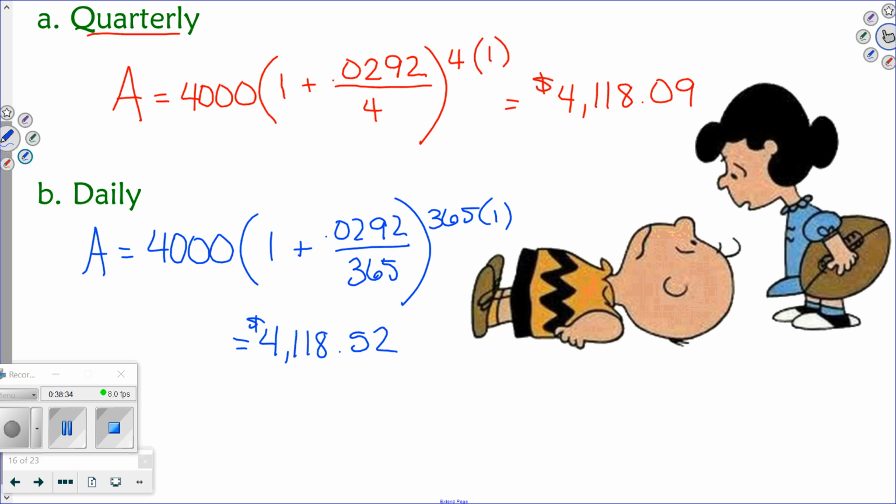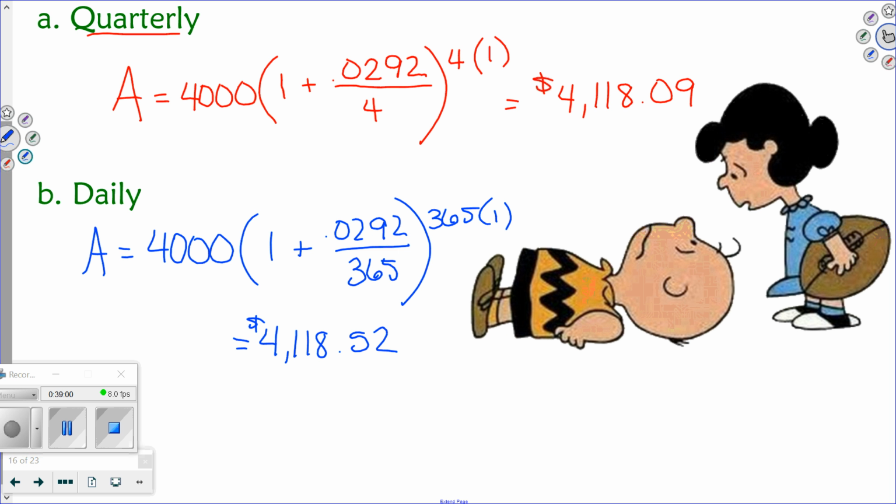Now, that last one, there was a bit more difference. Why is this one only a small difference? Quinn? It's only 1 year. And what else is way different from the last one? Dylan? Not necessarily. Daily is good because that means it's adding on every time.